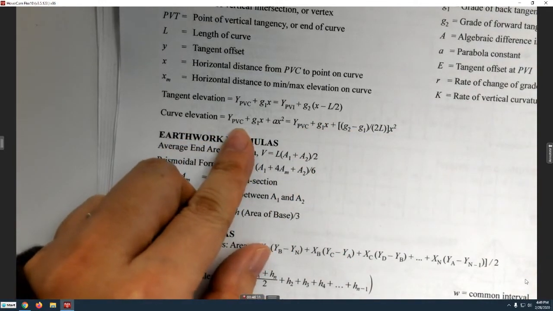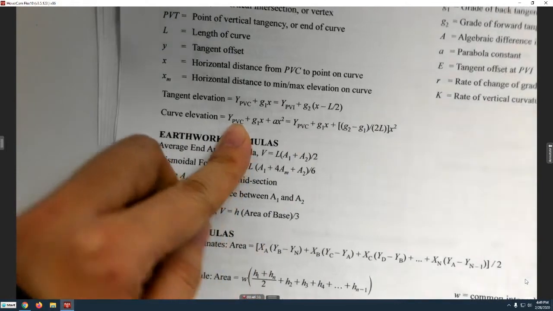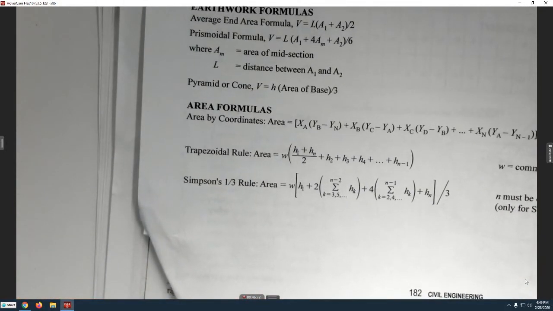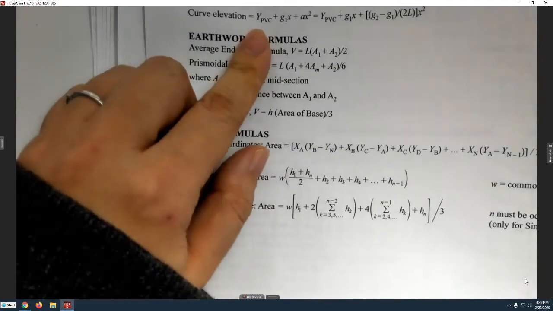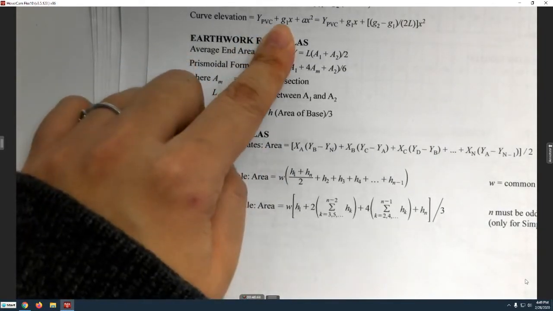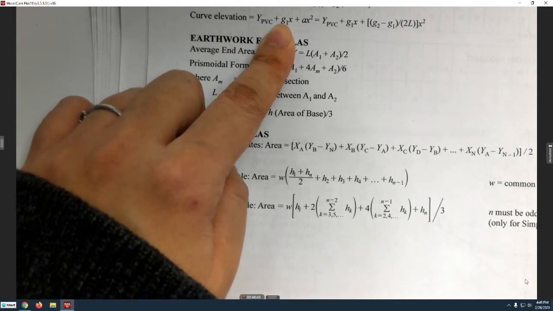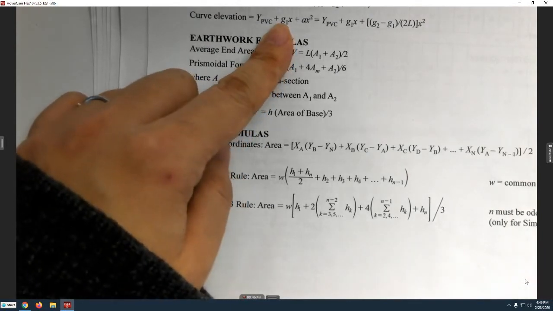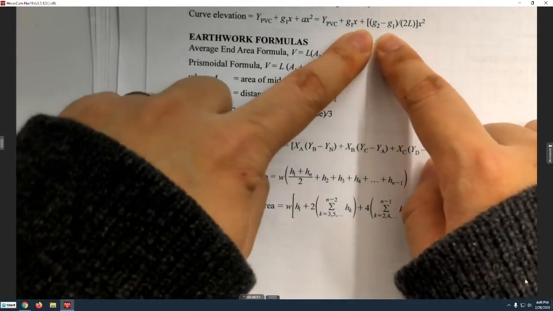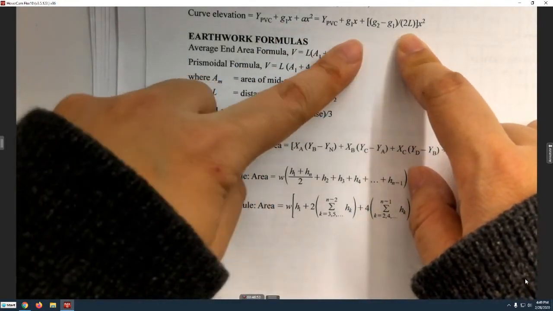Curve elevation, you need to know the elevation of PVC. We know the elevation of PVC? Not yet. Okay? This is something we need to figure out. We need to know G1. We know G1. We do. Right? G1 is -2%. And then do we know this part? G2 minus G1 over 2L.